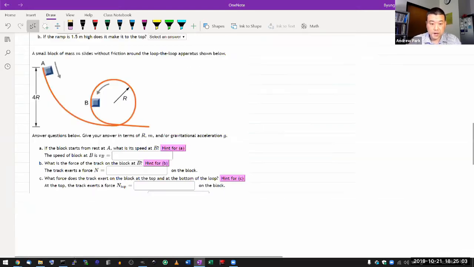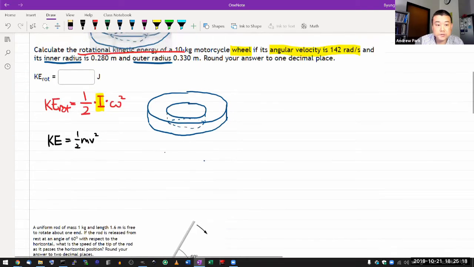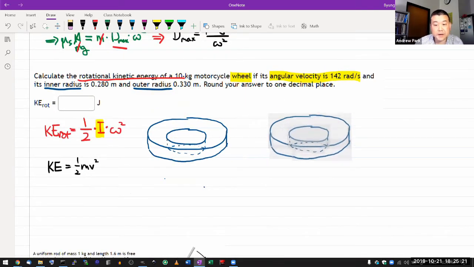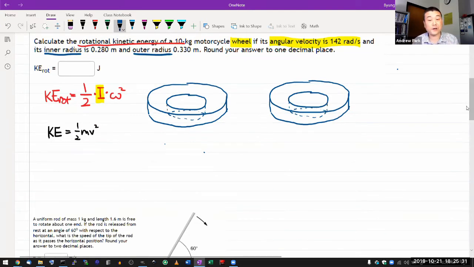Let me make a copy of that. For the donut shape as a whole, I do have some idea, but the idea I have for how to calculate its rotational inertia is super complicated. It takes very long.